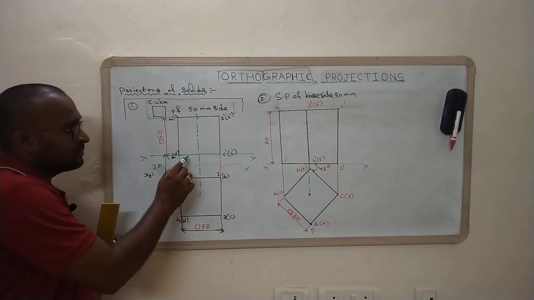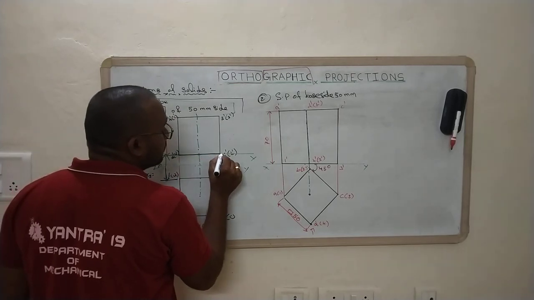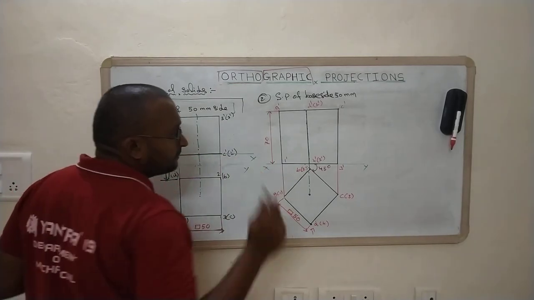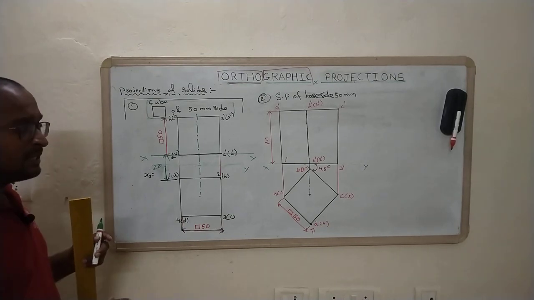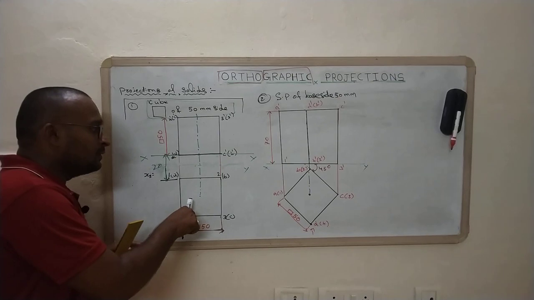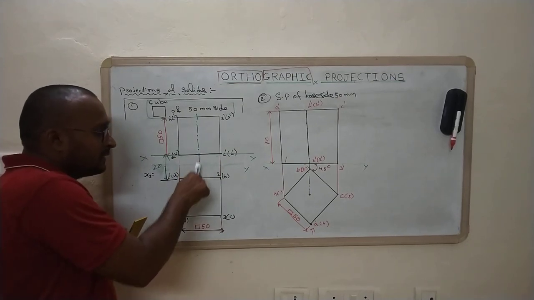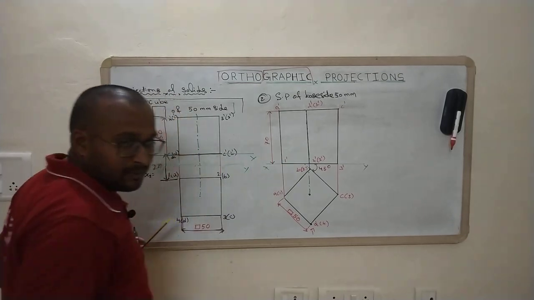Clear? Because it is resting with its base on HP, the XY line should be attached to this. If it is resting with its base on VP, then we should attach this particular bottom surface to the baseline, right?